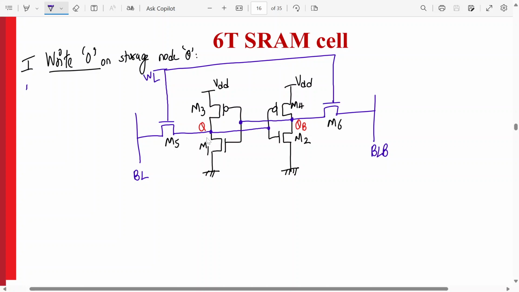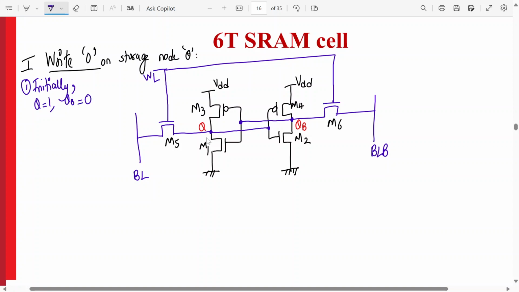So let's assume initially we are writing logic 0, right? So let's say node Q is storing logic 1. So obviously QB will store logic 0. Let's assume this initially. Okay.